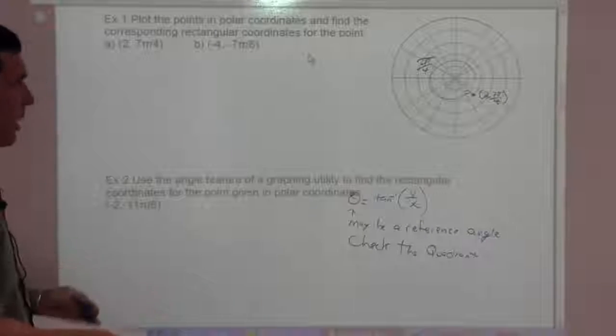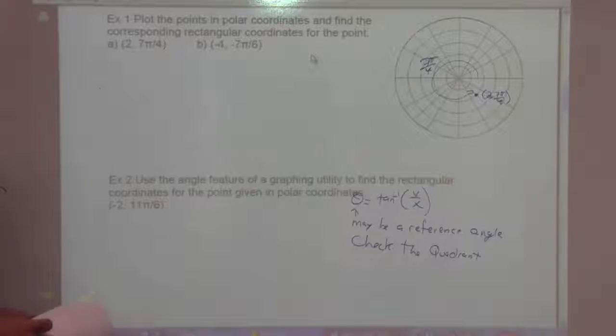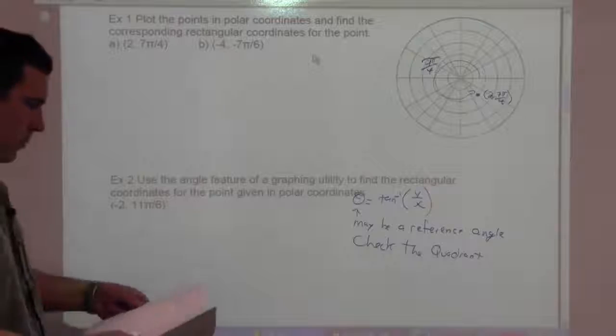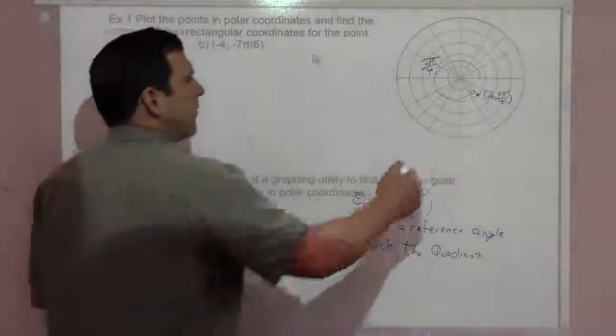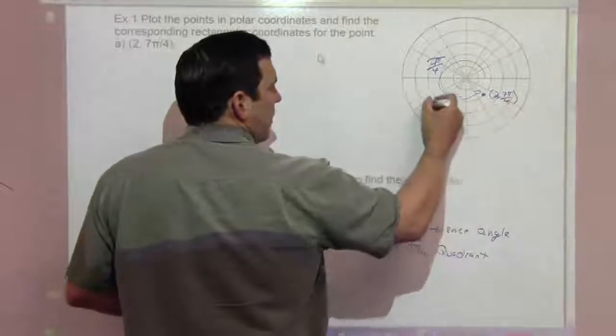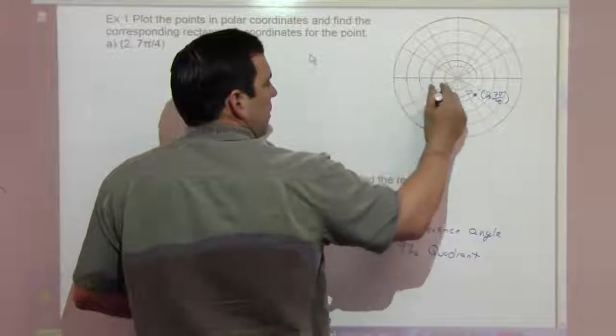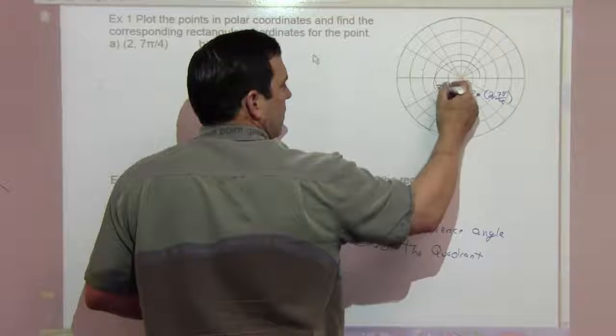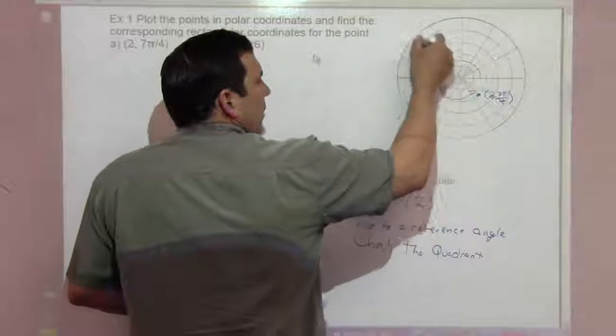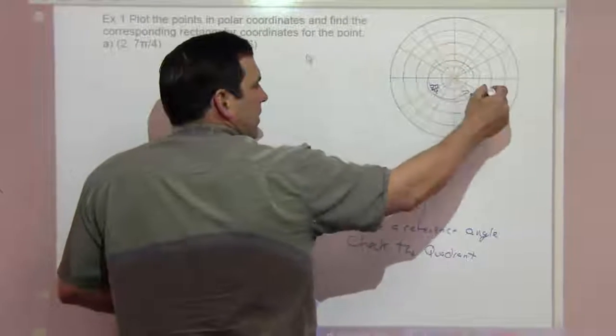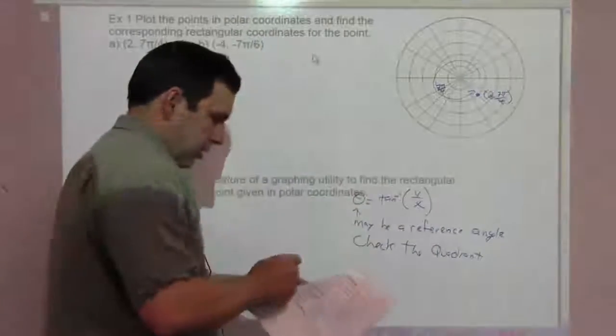And the next one is (negative 4, negative 7 pi over 6). So negative 7 pi over 6 is going to be coming back this way. It's on this line here. So on this line here is our negative 7 pi over 6. Maybe we should change colors for that. Go to red.